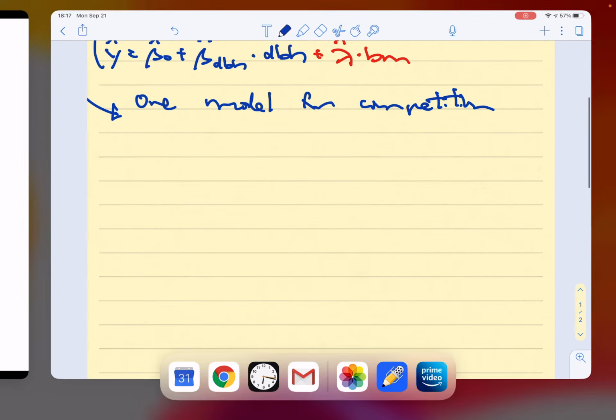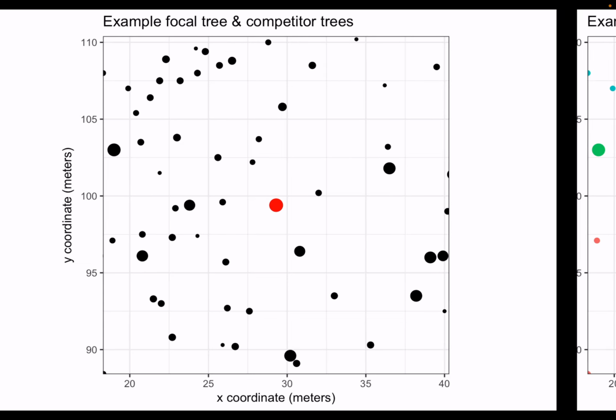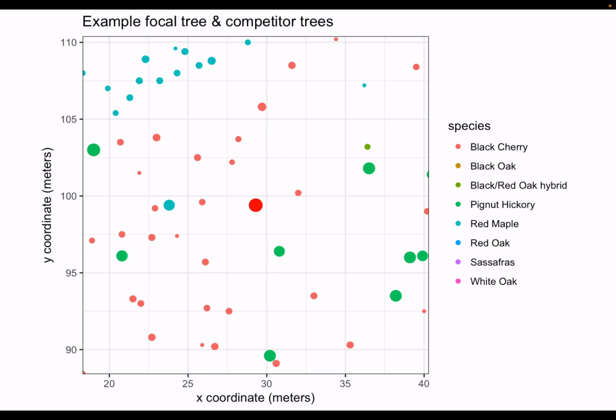Great. But now, let's go back to this case here. Notice how in this image, we make no distinctions between the different competitor types. What if a more accurate model for competition is this one? The location and size of the dots are exactly the same, but now we are making distinctions between species.